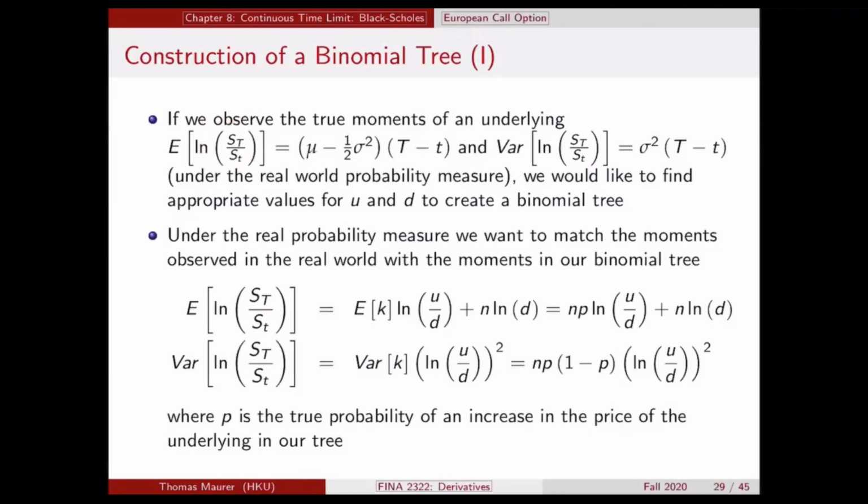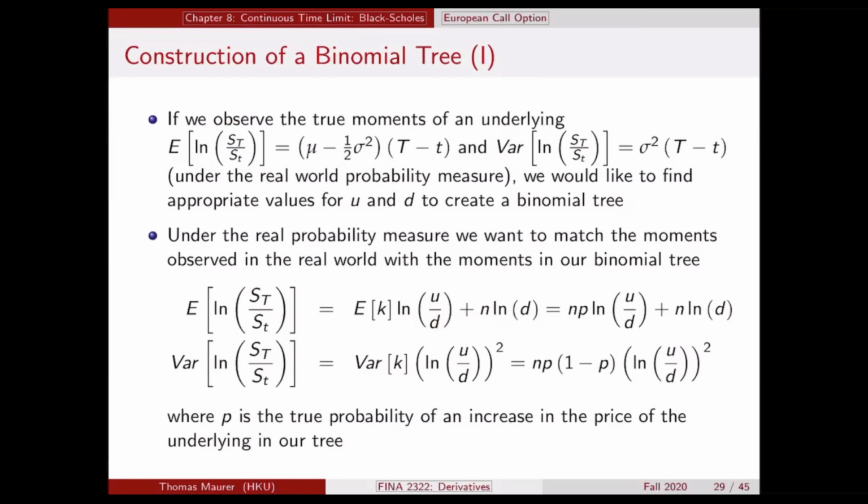So I can estimate the expected log return, and I can estimate the variance under the true world probability measure P. And now in my model, in my binomial tree, I can also calculate this expected log return in terms of my expectation of how many up movements I have in the tree, multiplied by these U and D gross returns.